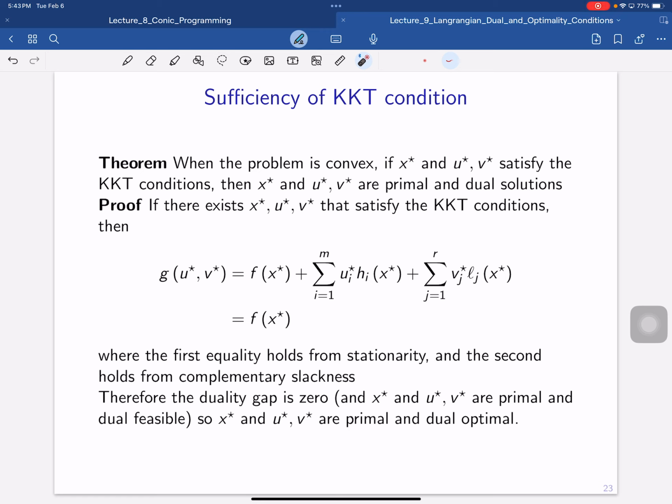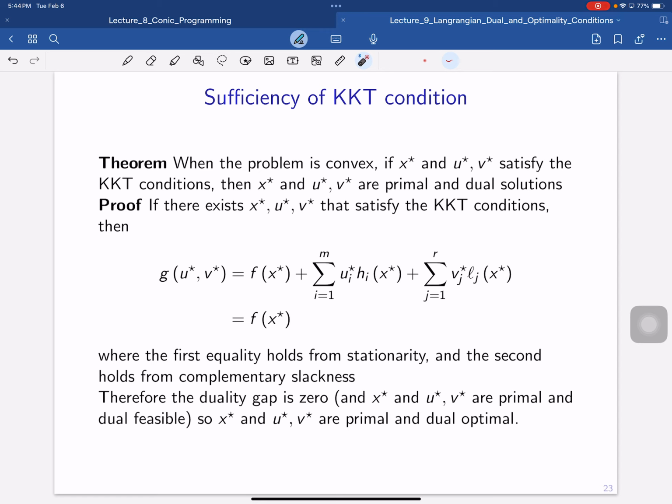So the sufficiency says when the problem is convex, and x star, u star, v star satisfy the KKT conditions, then they are the primal dual solutions. Okay, of course, you need convexity here in order to prove the sufficient condition, because for a non-convex problem, the KKT conditions are only necessary, they are not sufficient, right?